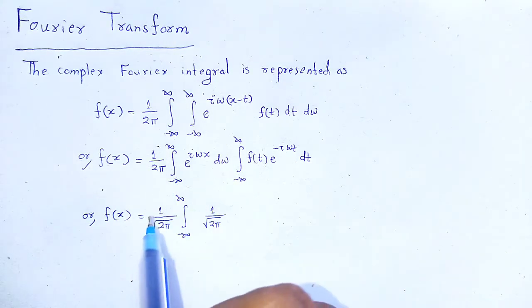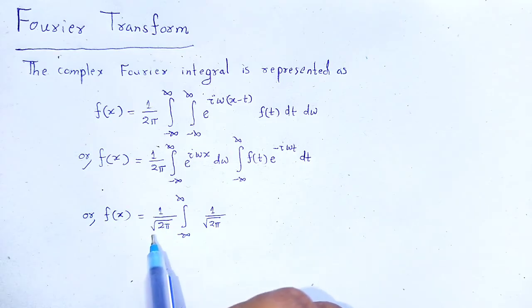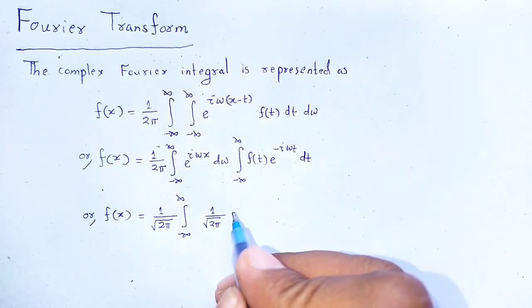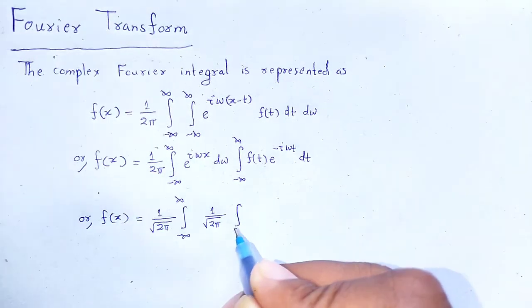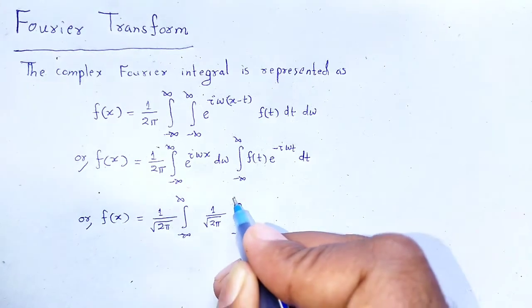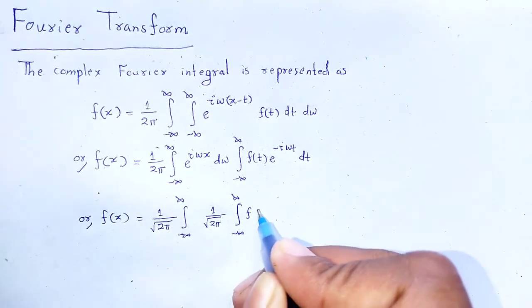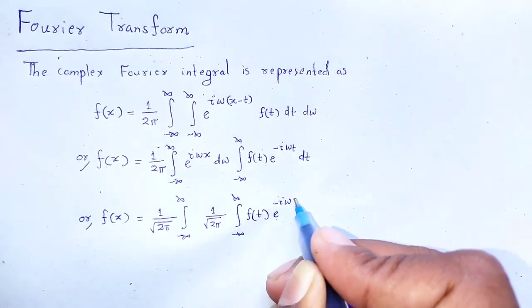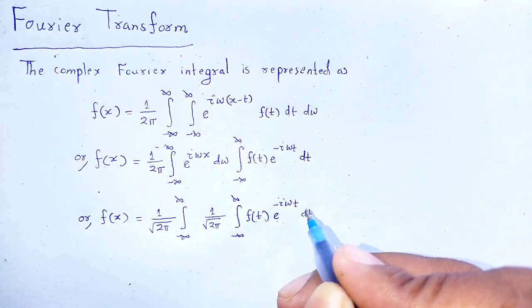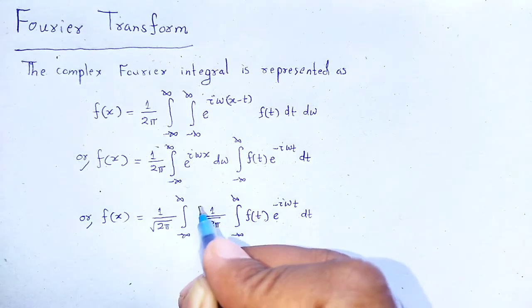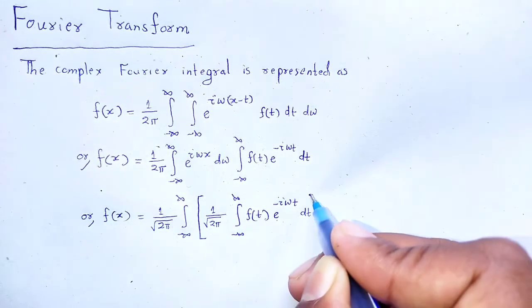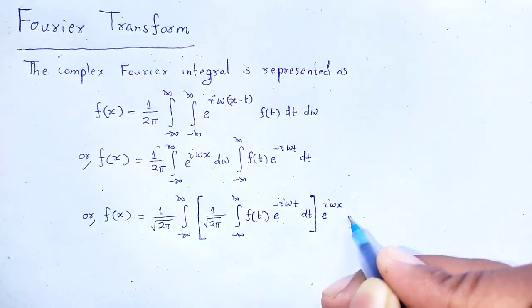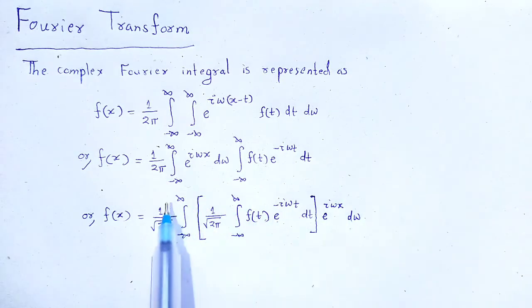For the symmetry purpose, I use 1 divided by under root of 2 pi instead of 1 by 2 pi. Integration over minus infinity to plus infinity f of t e to the power minus i omega t dt, e to the power i omega x d omega.